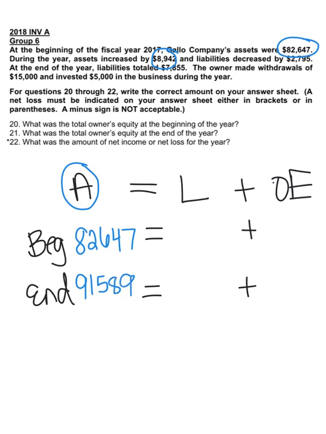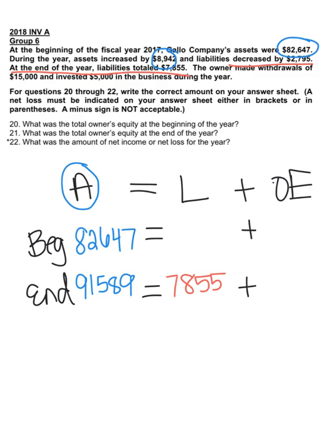Okay, now let's move on to liabilities. I'll do those in red. So liabilities decreased by $2,795, and at the end of the year, we had a total of $7,855. So I can go ahead and fill in my end of the year because I know that exact number was $7,855, and they decreased. So if it decreased, I know that my original number at the beginning of the year had to have been more than what it was at the end.